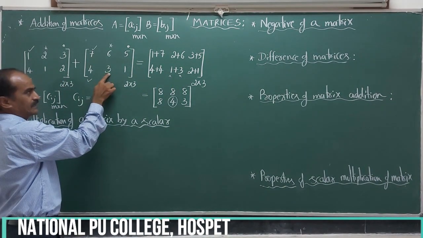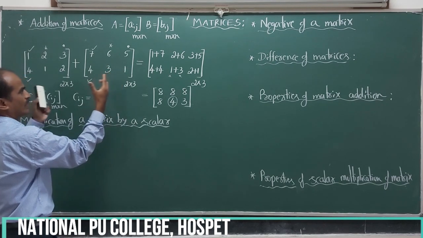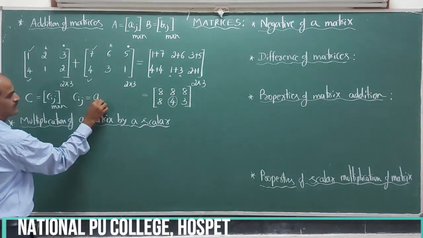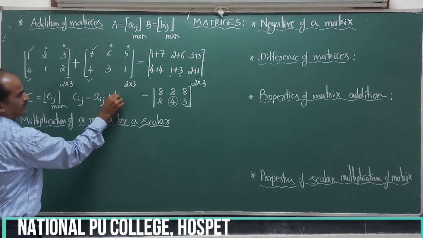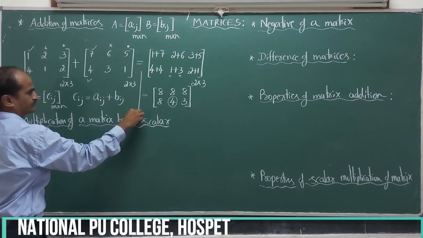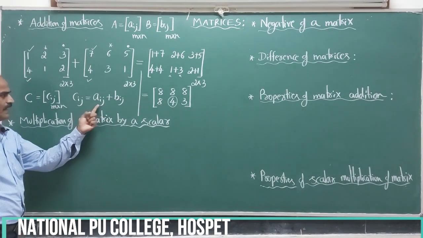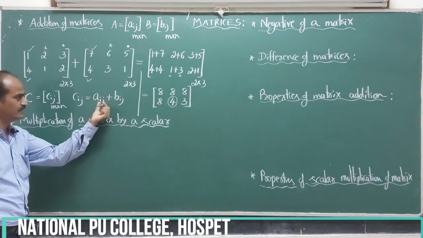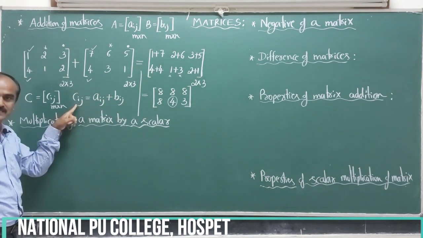It is present in second row, second column of the second matrix. Now I am adding those two. So therefore, Cij is Aij plus Bij. We are adding ijth element of first matrix, ijth element of second matrix. Their sum will give us the ijth element of resulting matrix.